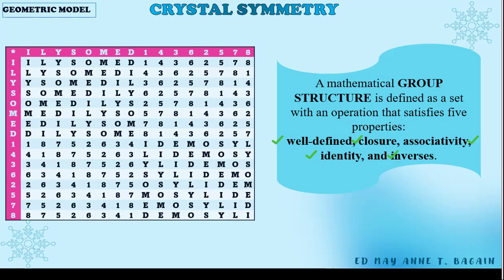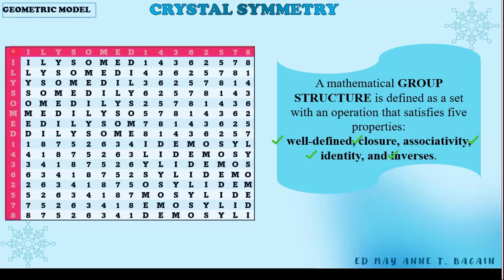So this table defines a closed binary operation, as we can see, because all of the values that we can see inside this table can be seen in the given set that we have, which is the 16 elements or the set of group H.